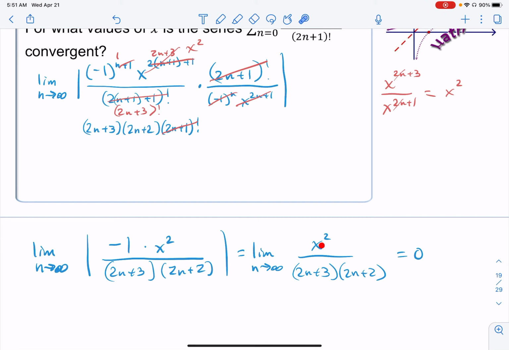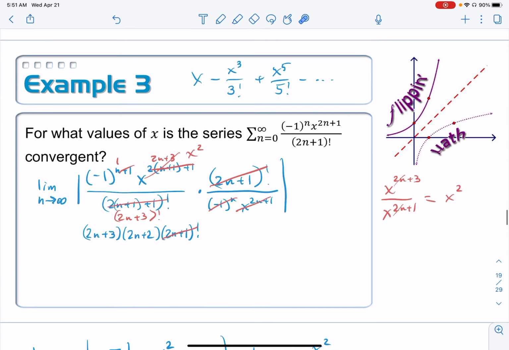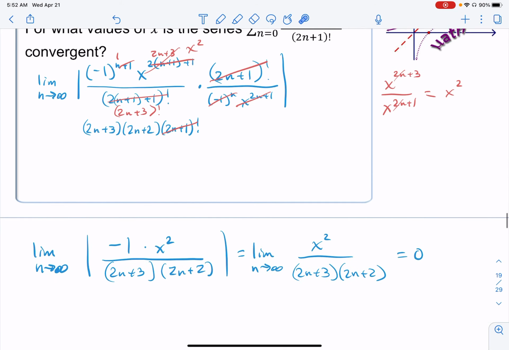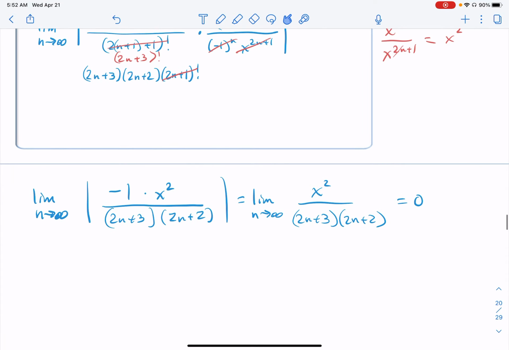Well, what does that mean? It means that no matter what we stick in here for x, remember, if I just define this as a function here, I get to stick in, I don't know, a positive 1, negative 1, a half, 14, a billion, whatever. Whatever I stick in here for x, I'm dividing by a number that's way, way larger than that because it's going to infinity. This is going to be equal to 0.